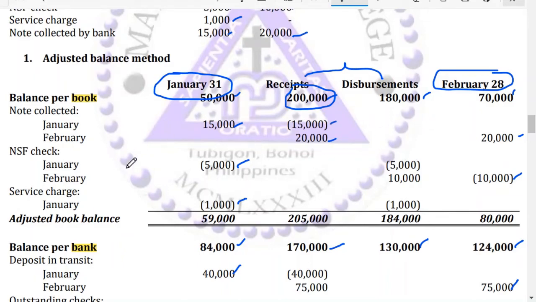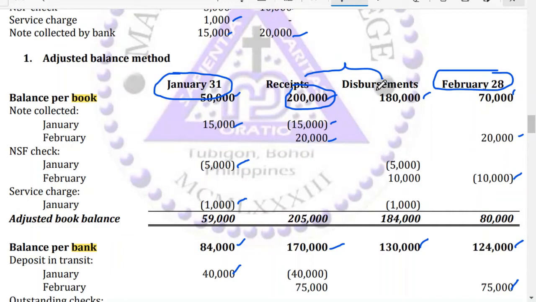Next, NSF check. Balik ta. Di ba malate man ta og receive sa bank statement? So if malate ang receive sa bank statement, kanus pa man ma-record ang NSF. Ma-record pa na nato, di ba, i-revert nato ang entry, di ba? Pag NSF, ibalik nato ang accounts receivable and you credit the cash in bank. So kanus man na siya nimo ma-record, ini ka February na, kay February pa man ma-receive ang bank statement.